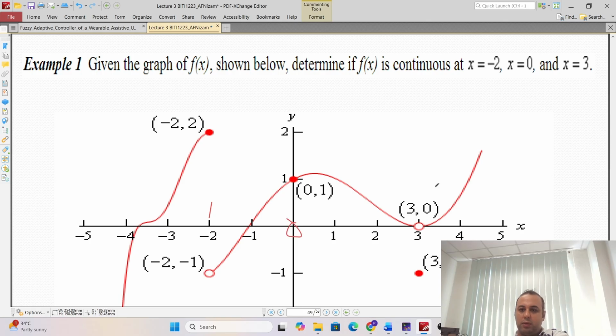Then 0, and 3. At -2, obviously, we have a jump, so it is a jump discontinuity. At 0, f(0) exists, the limit at 0 exists, and they are equal, so at 0 it is continuous. At 2 it is not continuous because we have a jump. And x equal to 3 is a removable discontinuity, because f(3) and the limit are not equal.